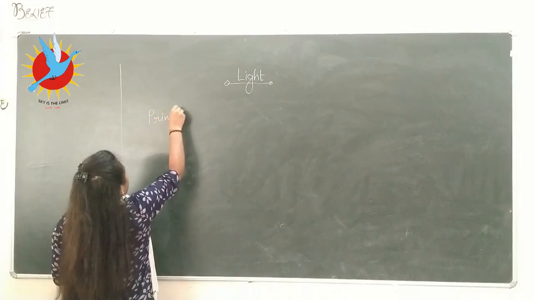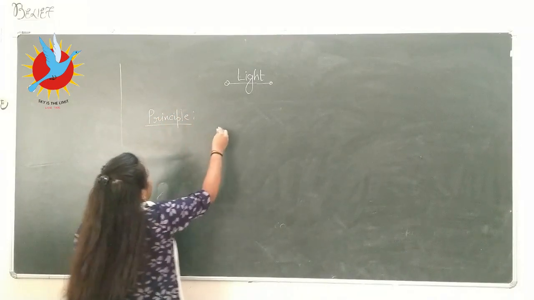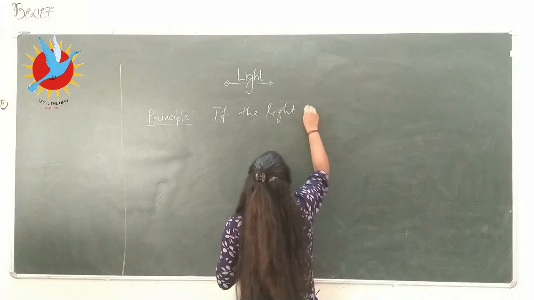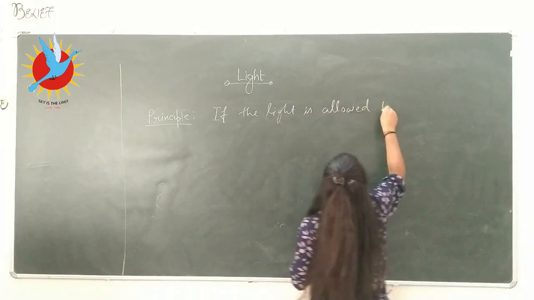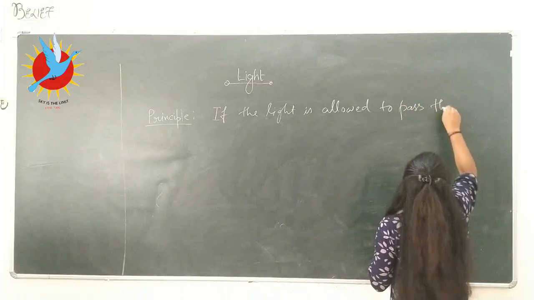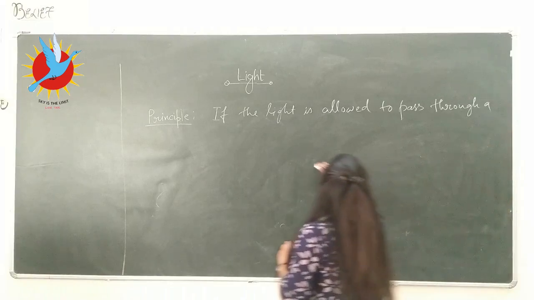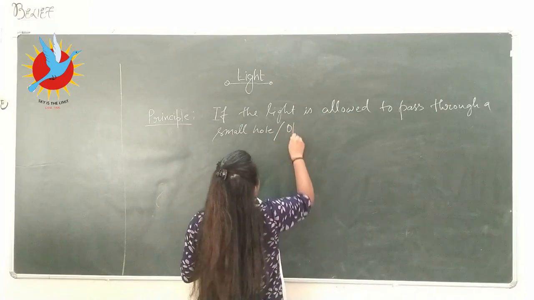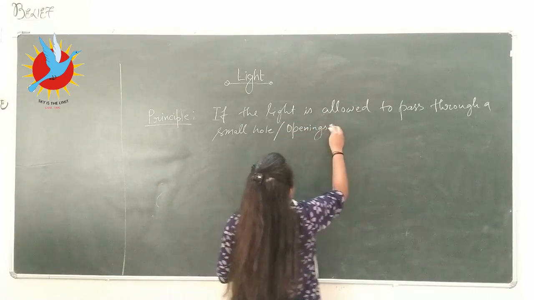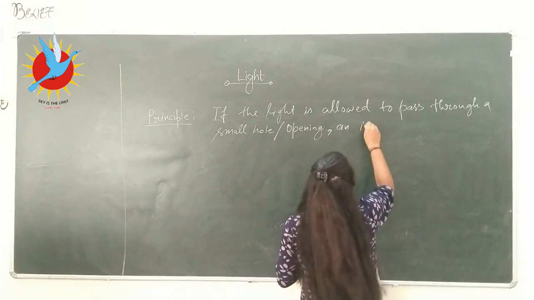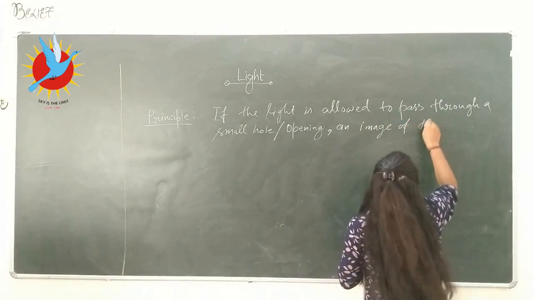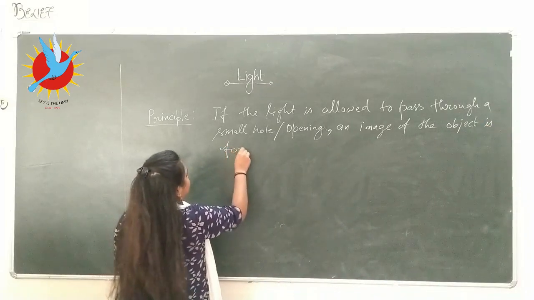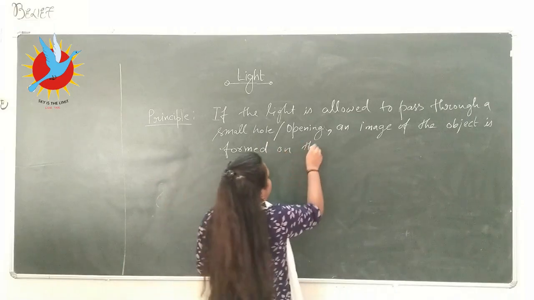Principle: if the light is allowed to pass through a small hole or opening, an image of the object is formed on the screen.